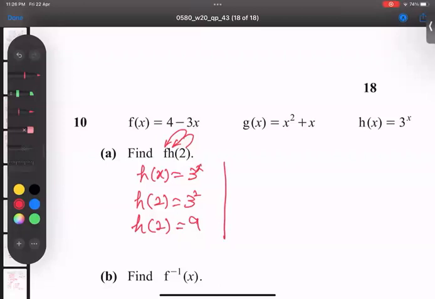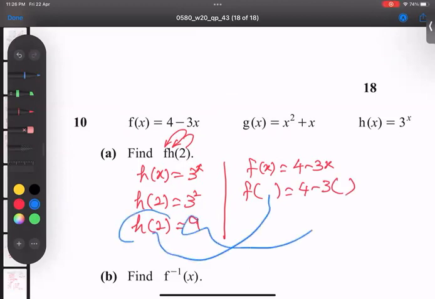Now because I have to keep this value inside the F function, this whole thing goes in F. So first of all, I copy the f of x function, 4 minus 3x. Now how many x? Empty space. 4 minus 3, empty space. Here I write the function name and here the function value.